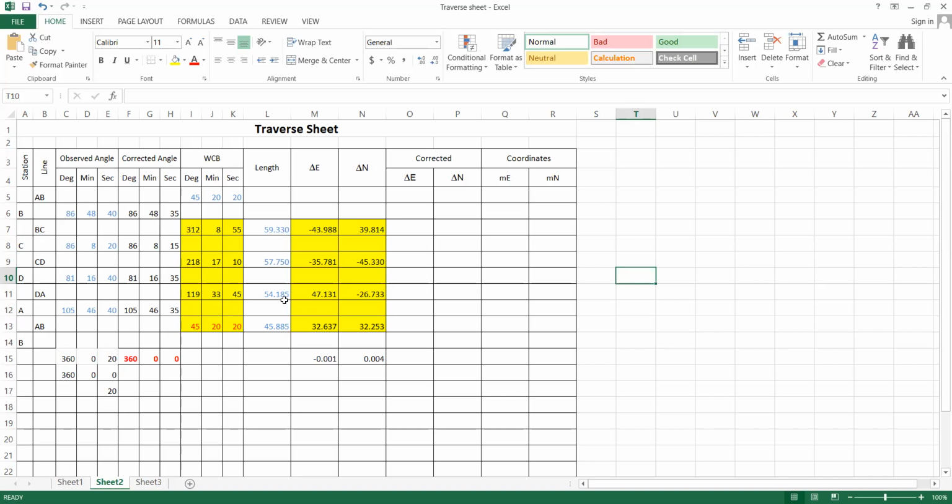Your delta E and delta N would be wrong, because you have used an incorrect length, but we don't know. So whatever the values, you can get a number. For example, if I use 100 here, still I get some numbers, right? But I don't know whether it is correct or not.